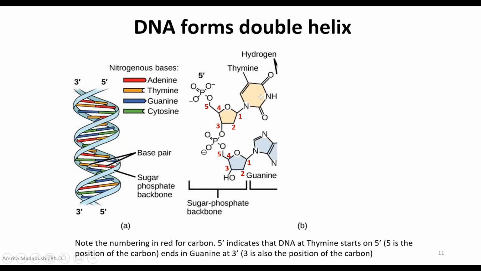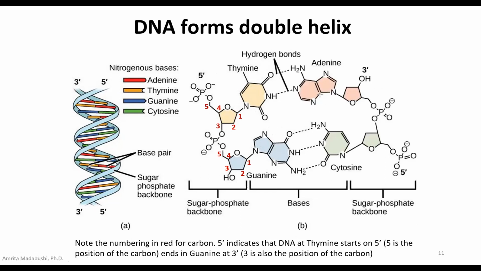Also, there can be different types. A thymine would have only one aromatic ring, whereas a guanine has two aromatic rings. And similarly, an adenine and cytosine is different. Now look at the magic. The magical part here is these bases actually bond with each other through a hydrogen bond.